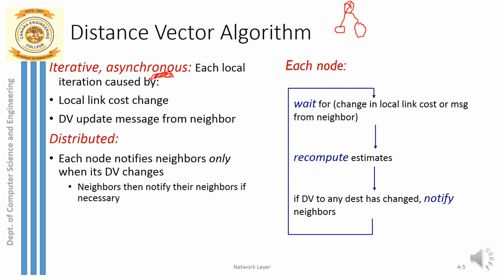Synchronization is not required between the source node and the other nodes. All that the source node has to sync with is only its neighbors. Why? Because its neighbors have to share their distance vectors with the source node. So only that synchronization is required among the neighboring nodes and the source node, but otherwise the source node need not be synchronized with the other nodes in the network.